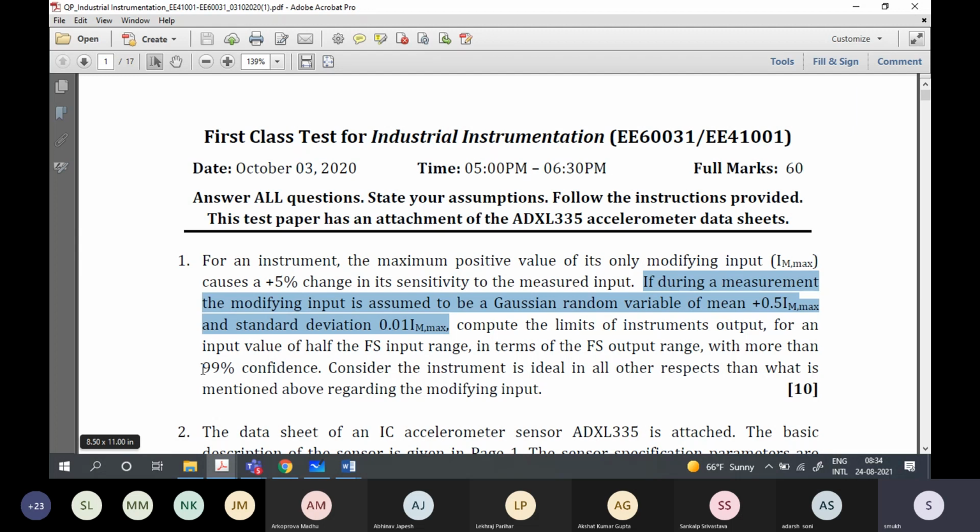From the words more than 99% confidence, I understood that we have to take plus minus 3 sigma, because plus minus 3 sigma gives more than 99% confidence. If more confidence was required, we would have had to consider a bigger range. But with 99% confidence, plus minus 3 sigma is okay.